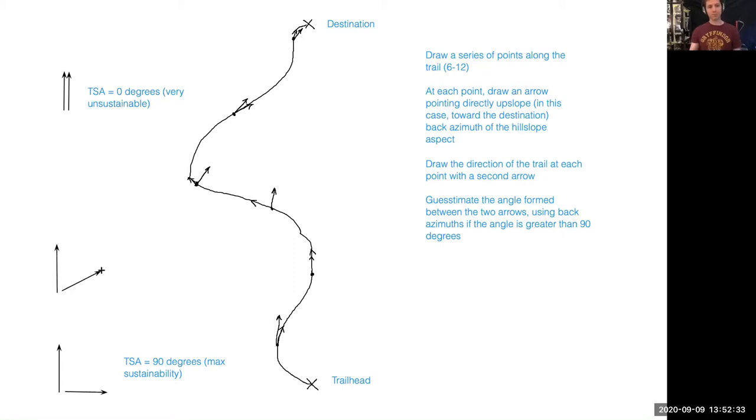So I'm freehanding it, but it's about 15 degrees off of the right angle. So it looks about like this. And that's going to be TSA equals 75 degrees. And we'll label that as the worst we should try to get away with.